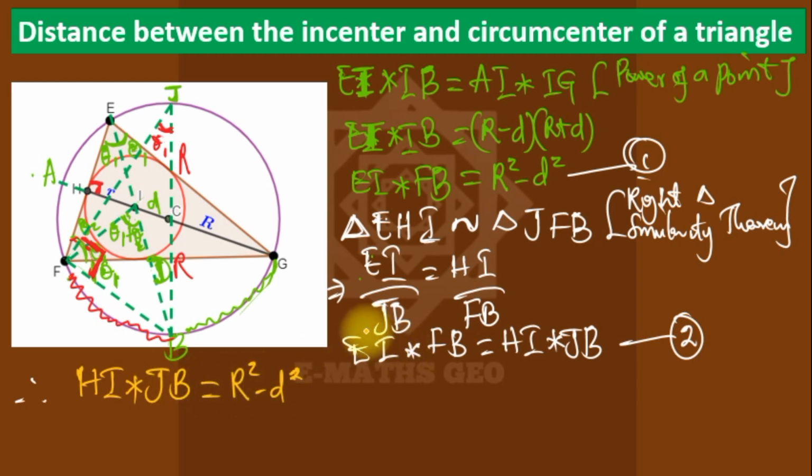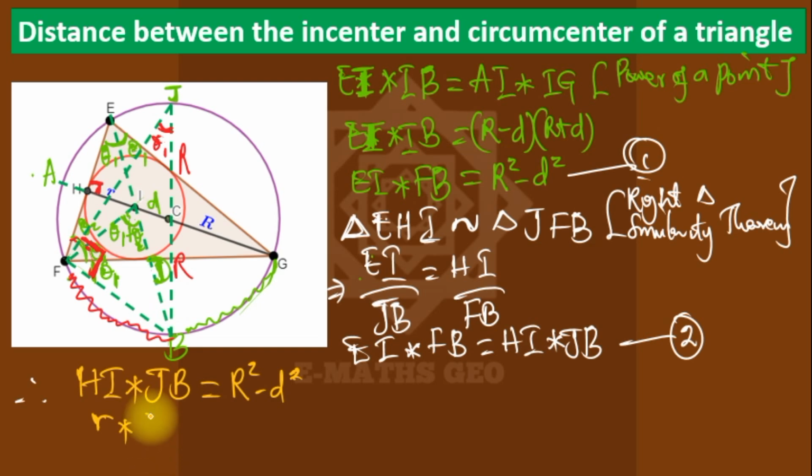That's replacing this with that. So what is HI? HI is small letter r, times JB.